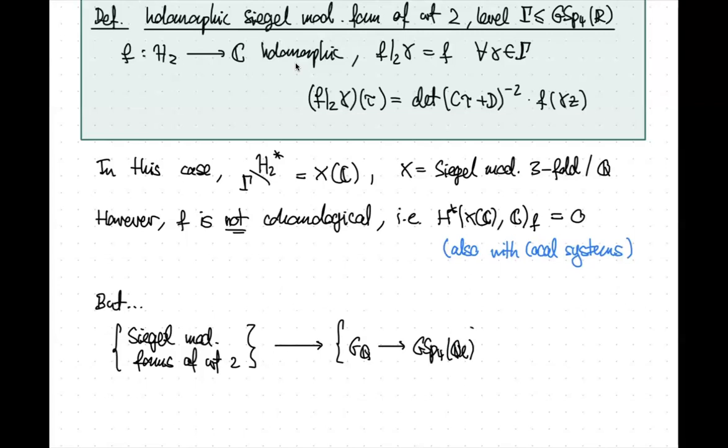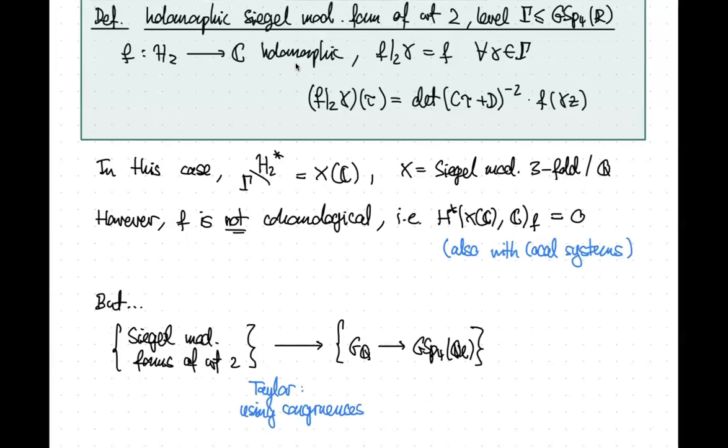The dual group can be identified back with GSp4. And this construction, I think, was due to Taylor, and it's the analogous thing to the Deligne-Serre construction. So it uses congruences with higher weight forms that are cohomological.